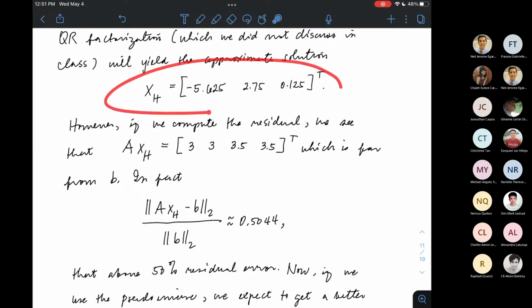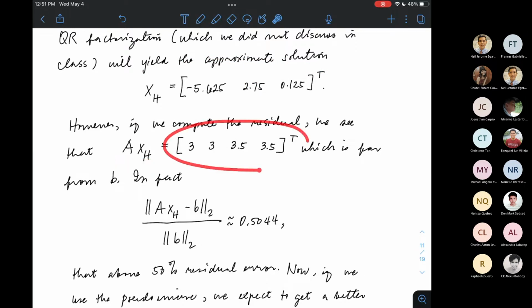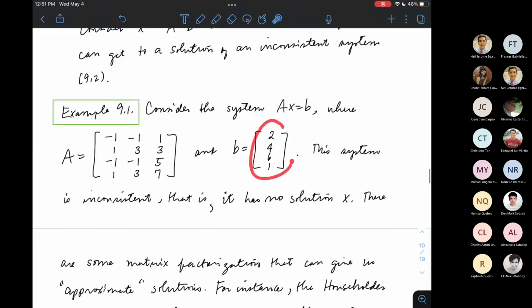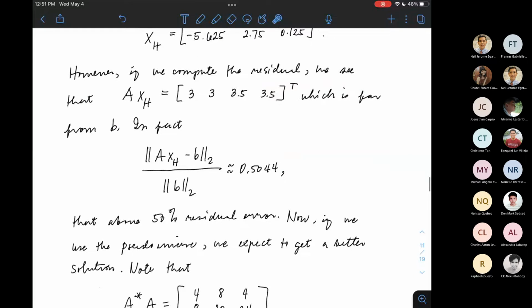Now, apparently, this is not a good choice for the solution X because if we multiply A to XH, ito yung makukuha kong vector. But remember, the right-hand side vector is 2, 4, 6, 1. Yan nakuha ko ay 3, 3, 3.5, and 3.5.